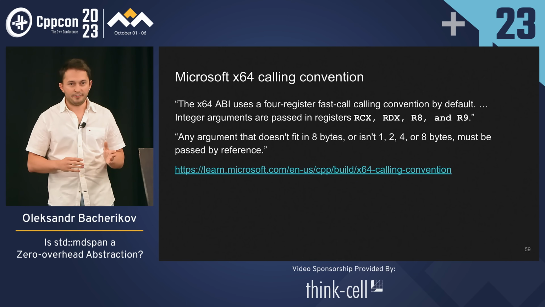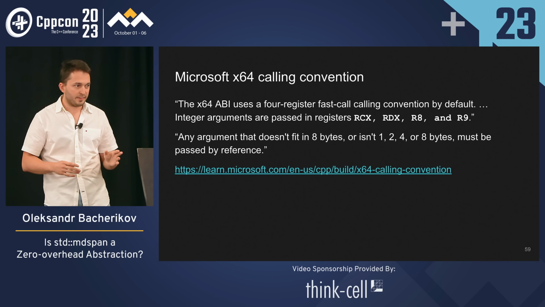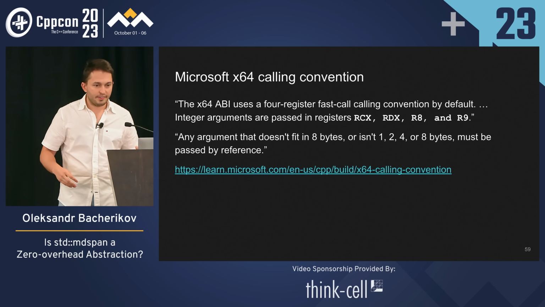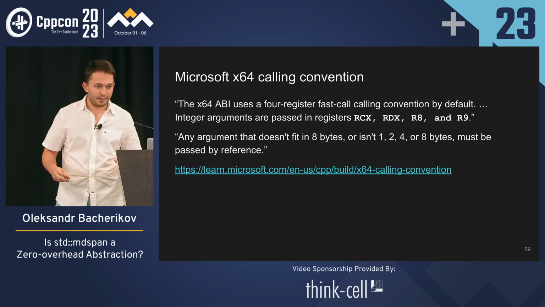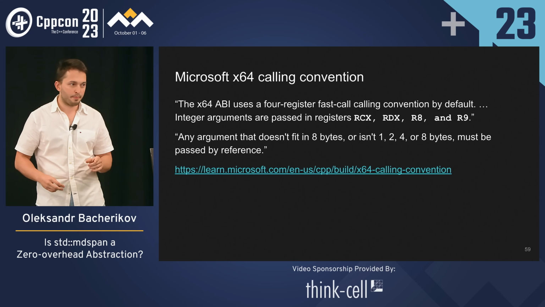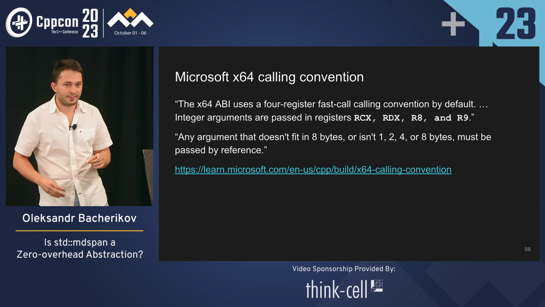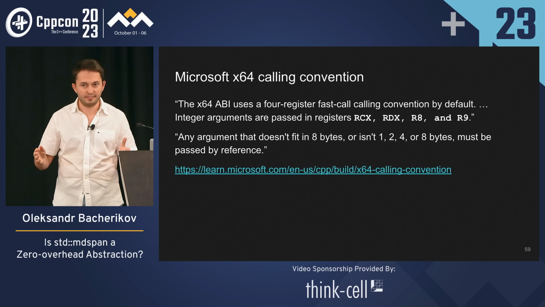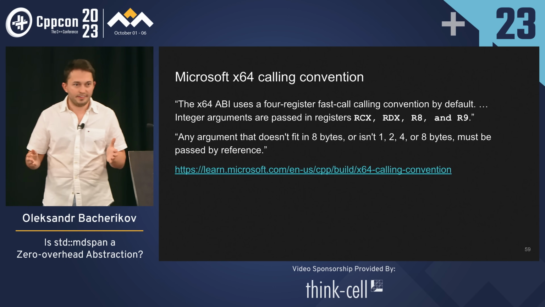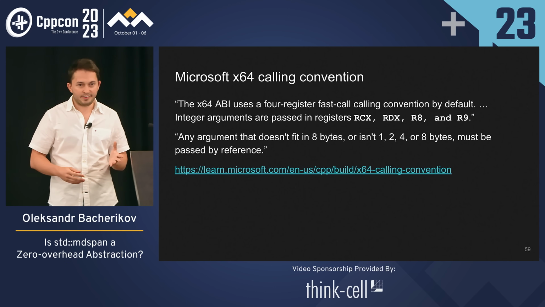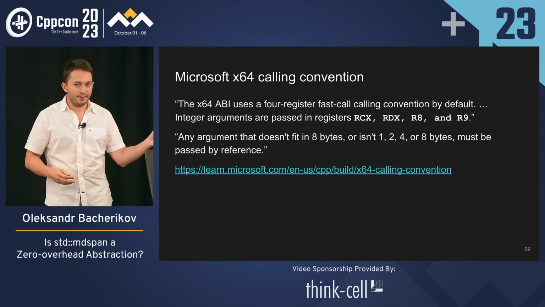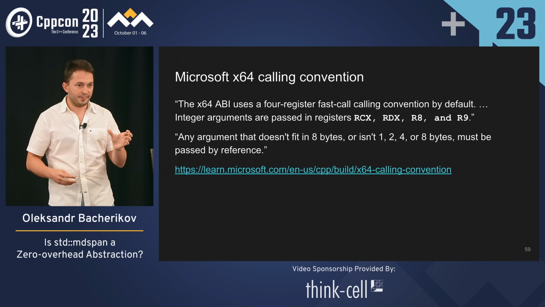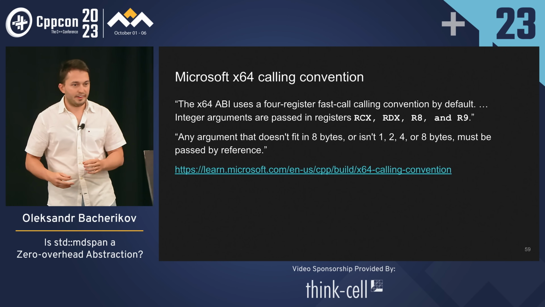So it's 4 instead of 6 registers. But it's not the main issue. Additionally, any argument that doesn't fit in 8 bytes must be passed by reference. And actually, this has consequences even for std::span, the regular one, because it has 16 bytes, not 8. So just replacing your pointer and size parameters with span will change your assembly on Windows.